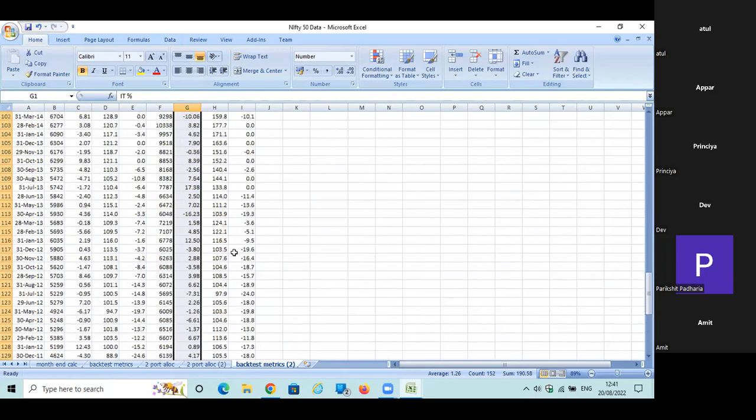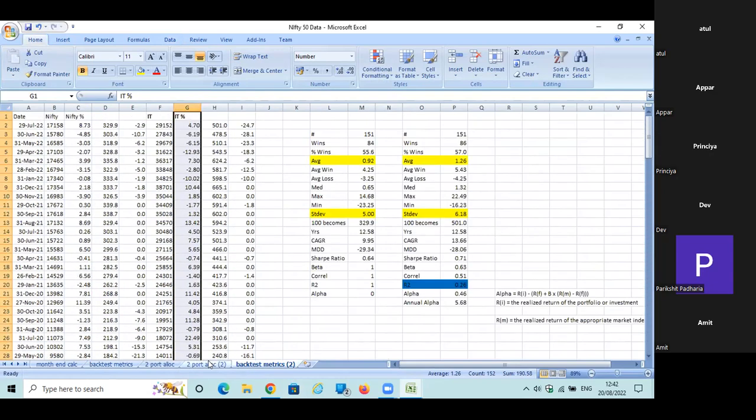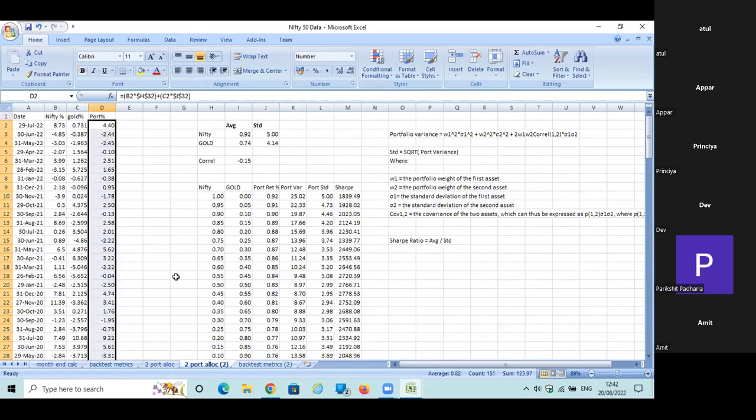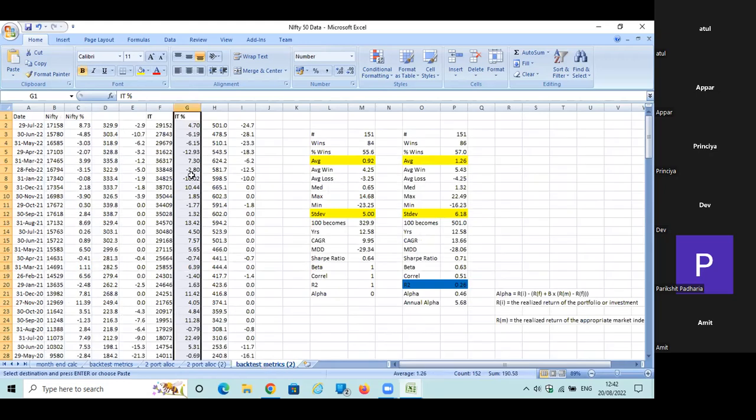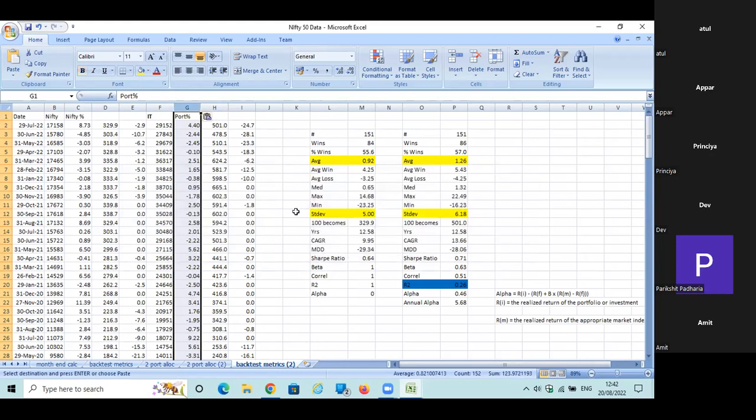Go to your, so you can get that, D, copy, and paste it in G. Paste it in G as values. Values only.